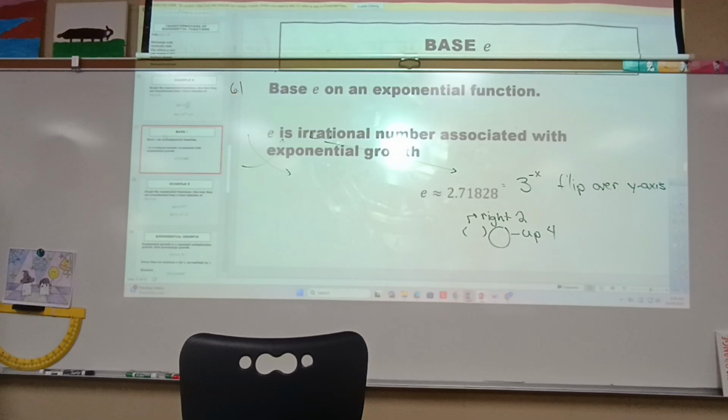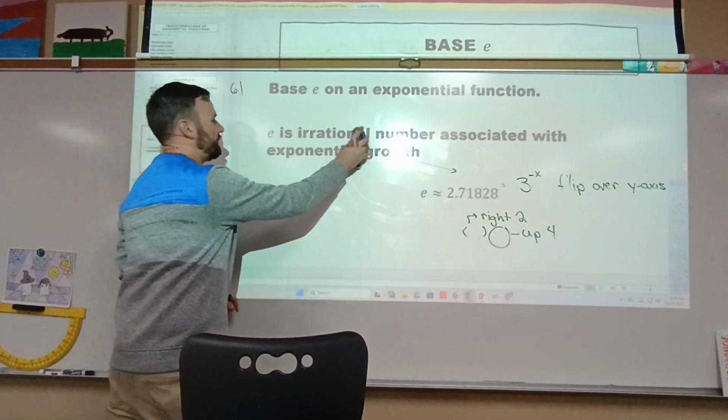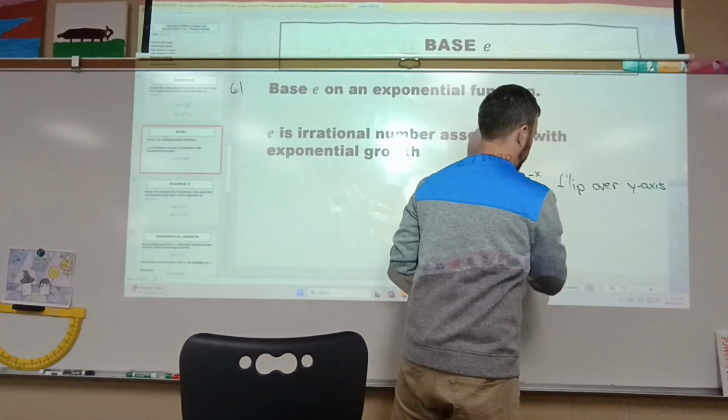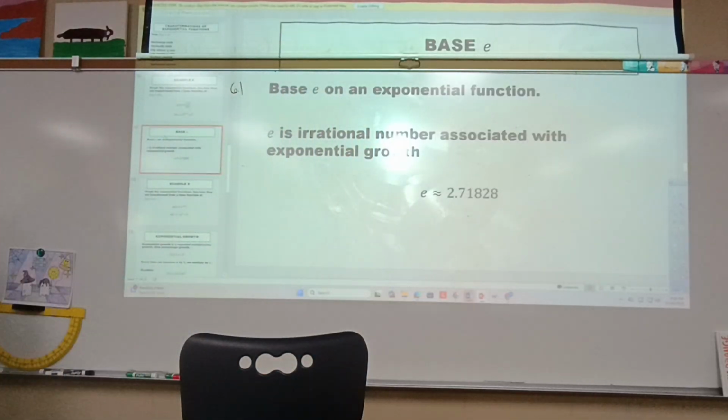E, some people say that E is their favorite number. E is a very important number. On your calculators, you have an E button. You guys want to go ahead and try to find your E button? It is second ln, on the left-hand side.